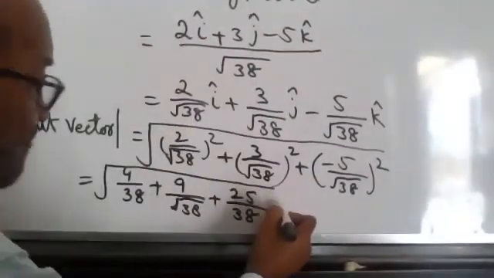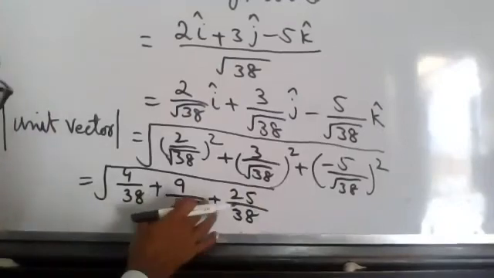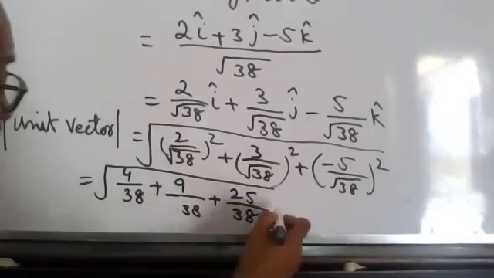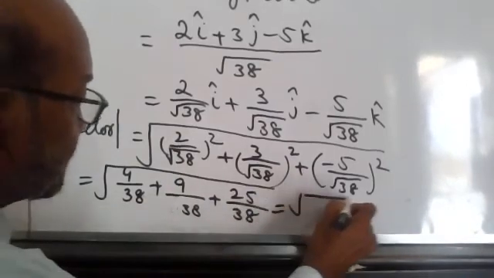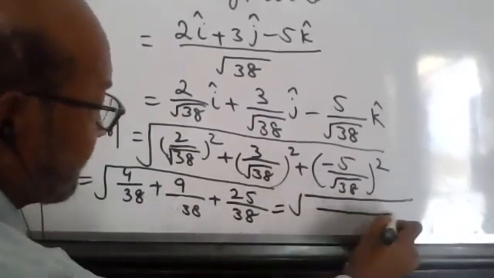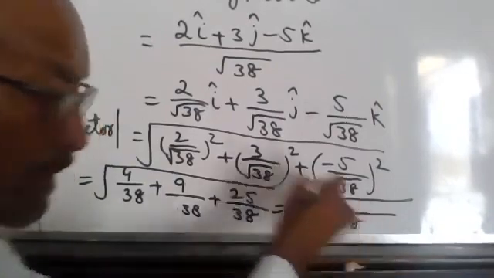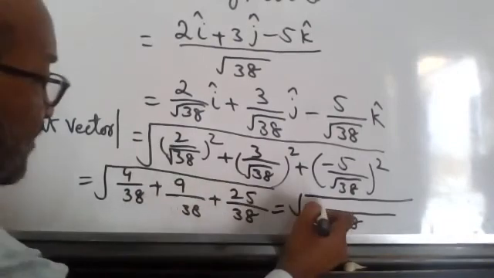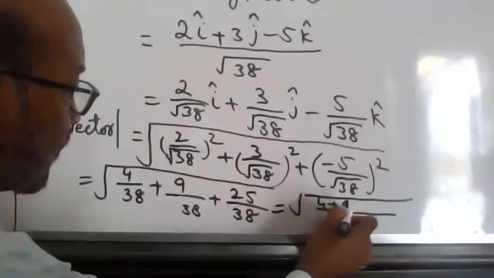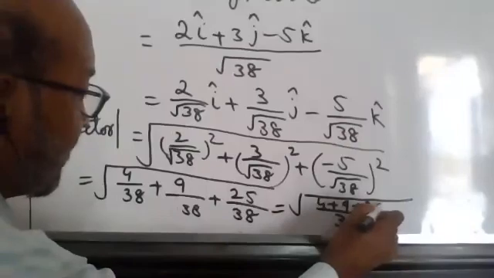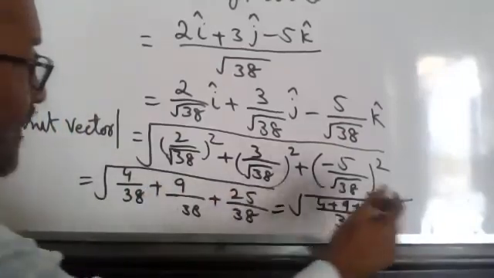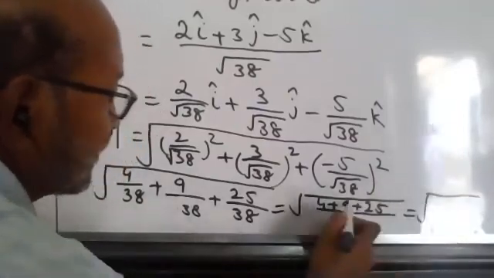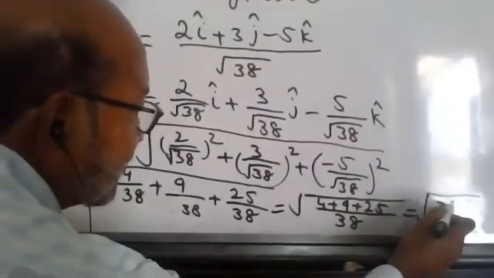Now if we add them, the under root is cancelled with the square. Take the LCM, which is 38. 4 plus 9 plus 25 will become 38, so 38 upon 38.